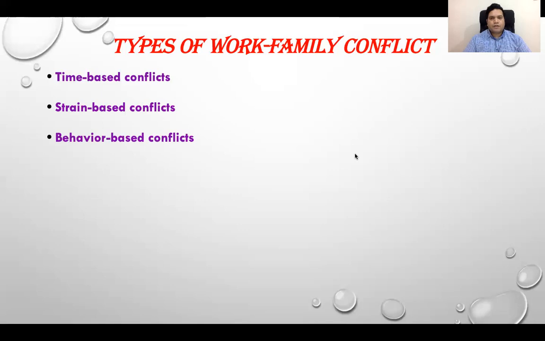Work-family culture is the next part. Work-family culture can be defined as shared assumptions, beliefs, and values regarding the extent to which an organization supports and values the integration of employees' work and family.